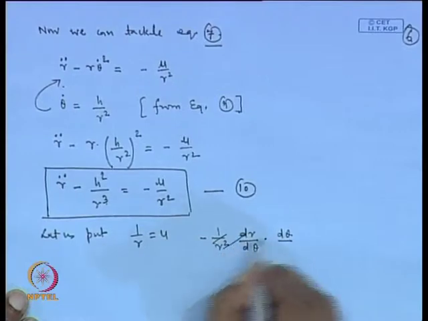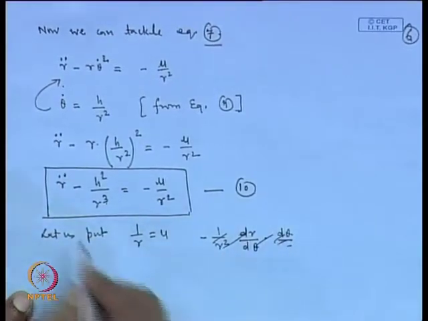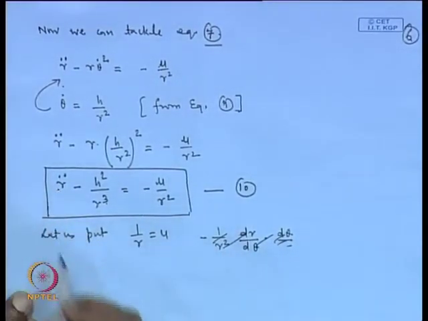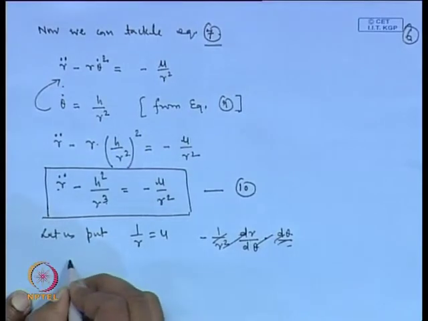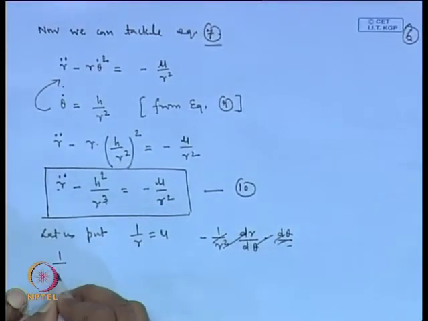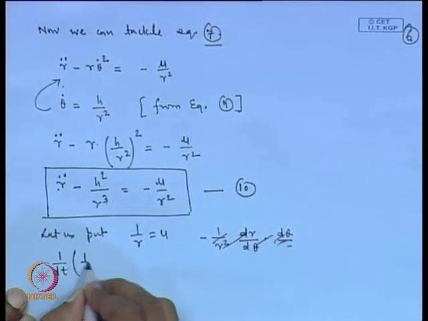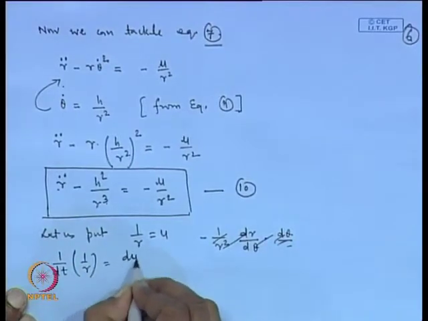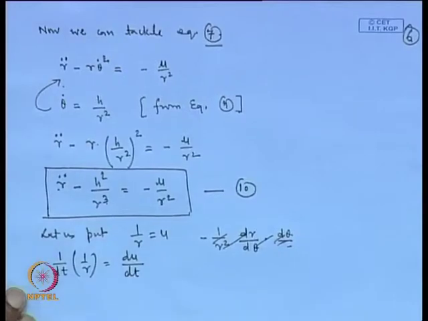Or we will do it like this. What we want is the quantity r double dot. So, if we differentiate first with respect to t, 1 by r will be du by dt. What we intend to do here is replace the independent variable t by theta.